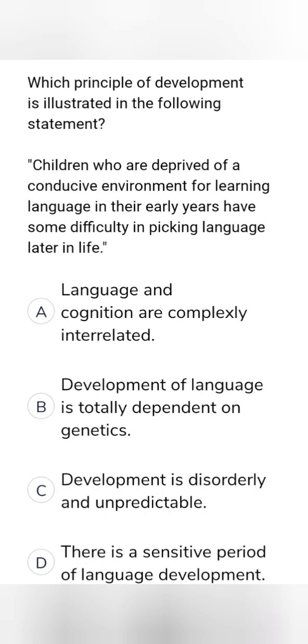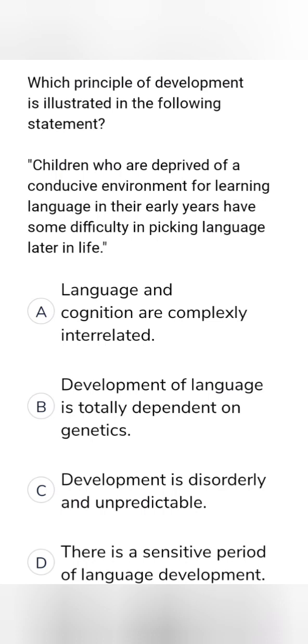Our next question is, which principle of development is illustrated in the following statement? Children who are deprived of a conducive environment of learning language in their early years have some difficulty in picking up language later in life. Option number first, language and cognition are complexly interrelated.